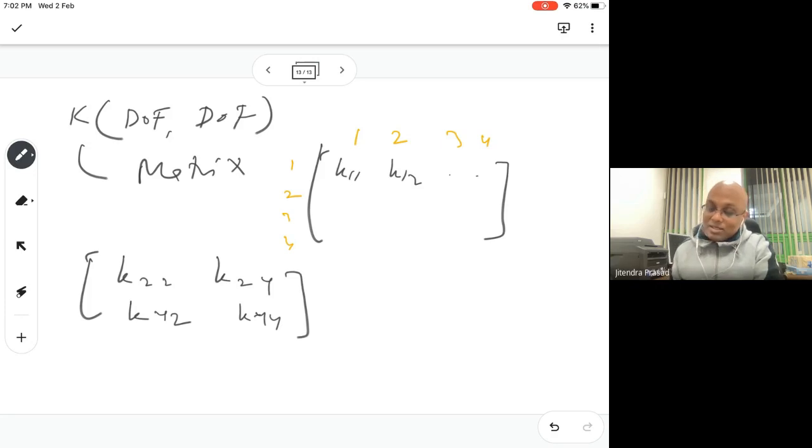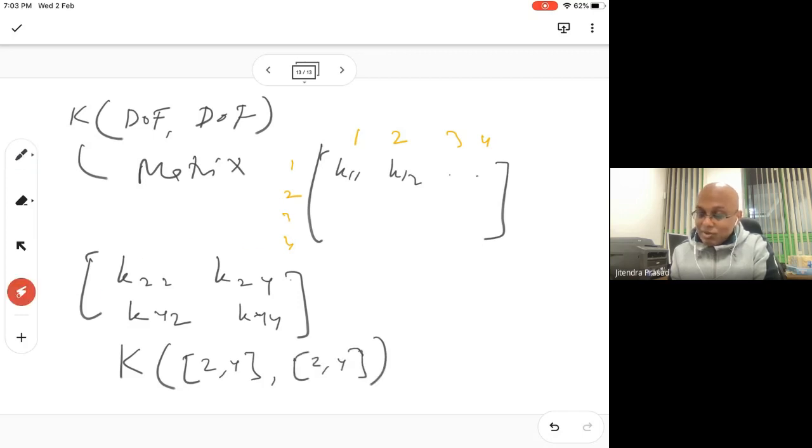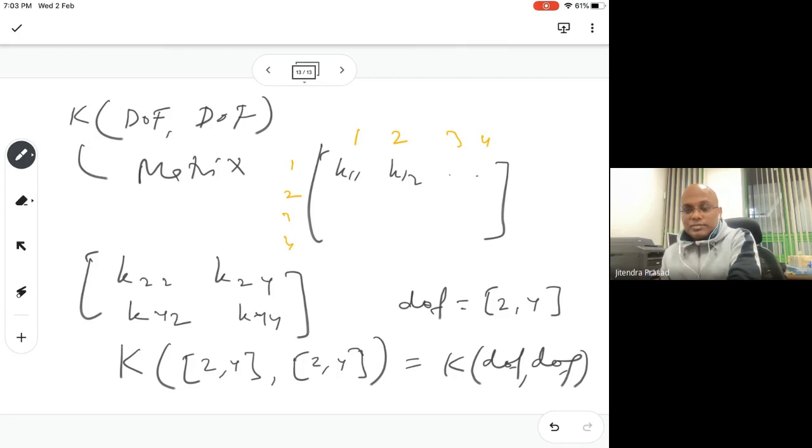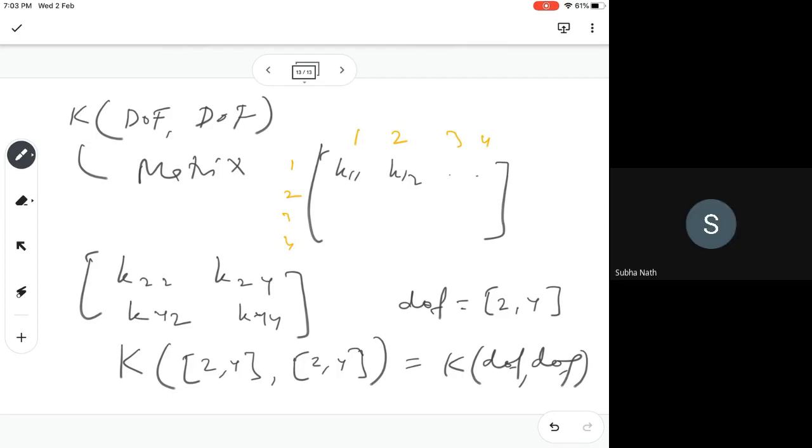Then how will you write it? In MATLAB, you just write K and give 24, comma 24, and it automatically gives you those values. Instead of writing 24, I will use DOF, where DOF equals 24. So we are actually writing K of DOF, comma DOF. Just a programming trick.